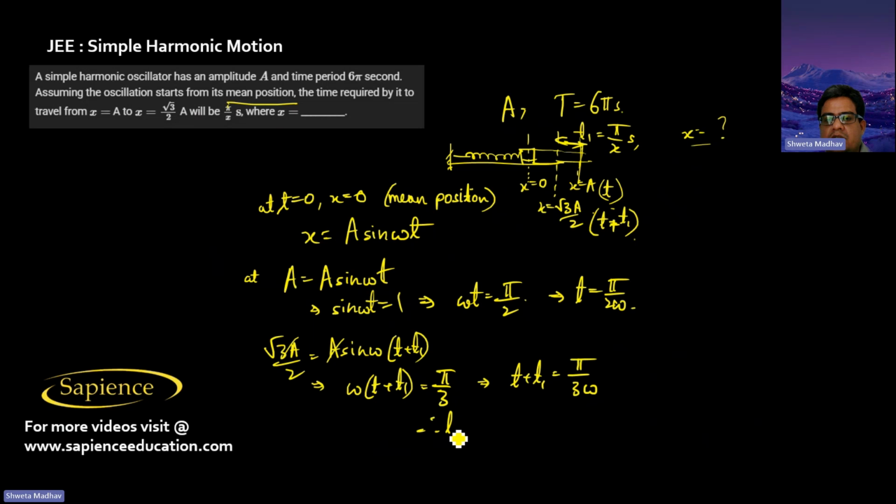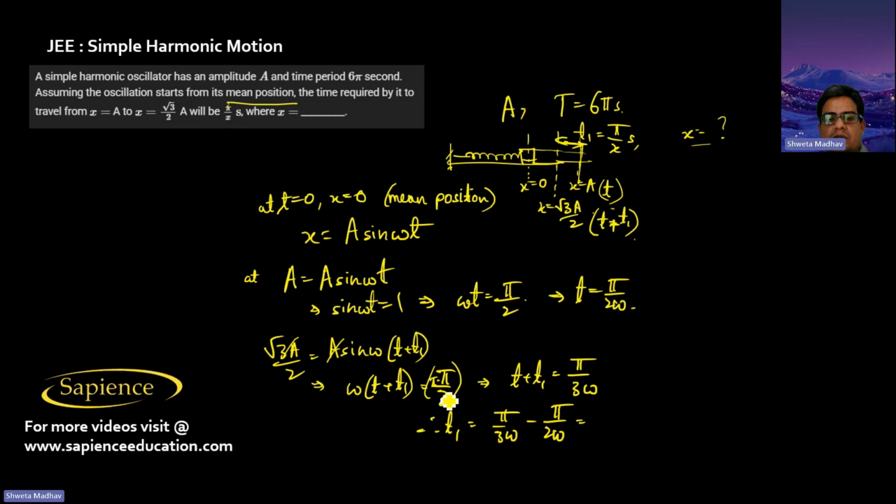So therefore I can say t1 is equal to pi by 3 omega minus t, that is pi by 2 omega. So this value will actually be more than pi by 2, so it is pi minus pi by 3. Pi minus pi by 3 means this is 2 pi by 3, and sine pi minus theta is equal to sine theta only.